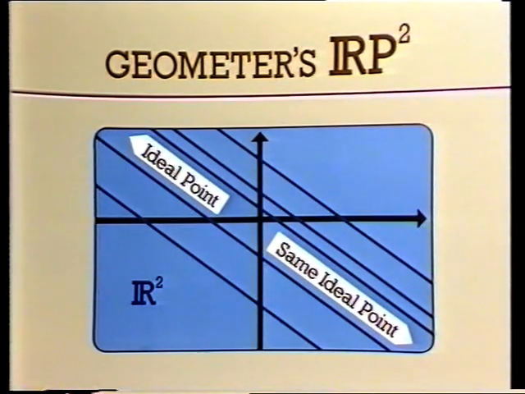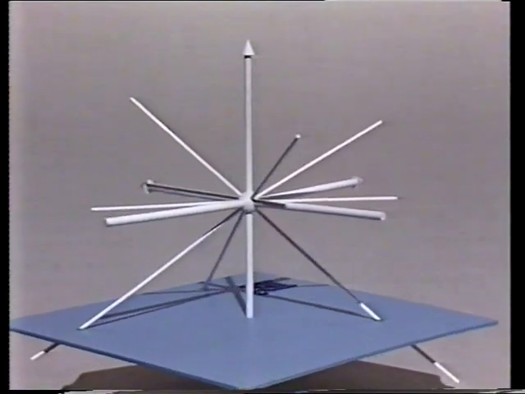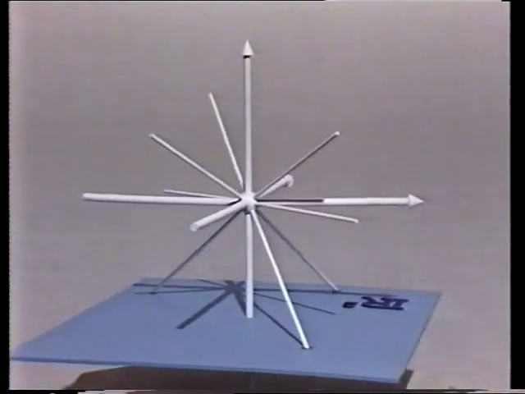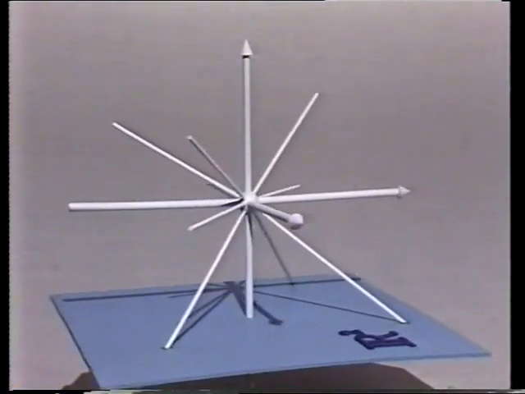The geometer's plane model consists of R2 together with the ideal points, one for each direction. An alternative way of describing this is to represent each point as a ray through the origin of R3. The horizontal rays correspond to the ideal points of the plane model.